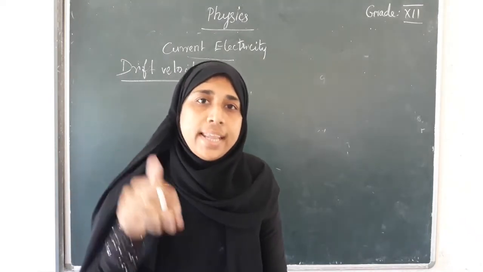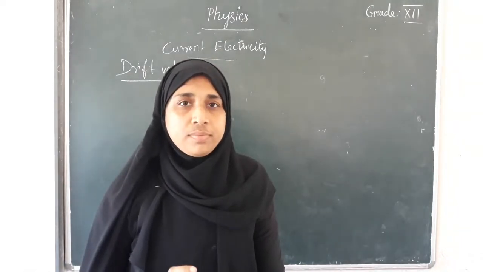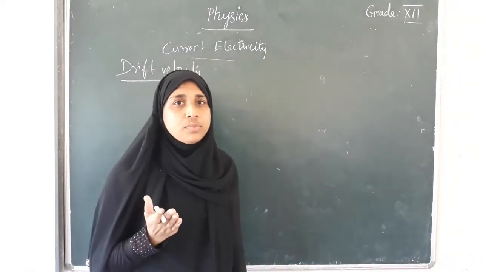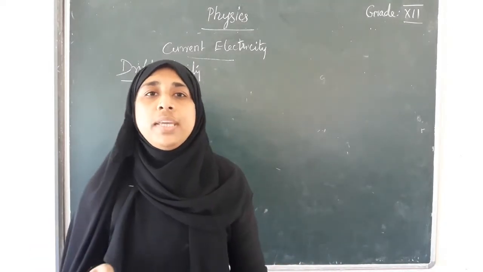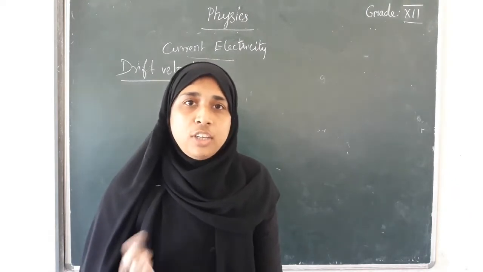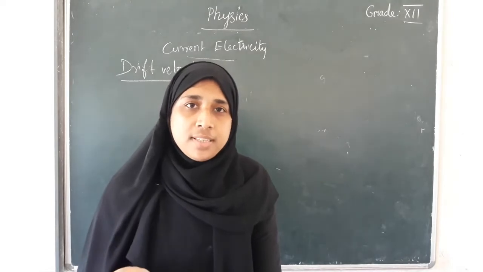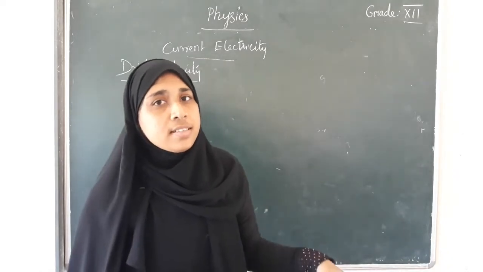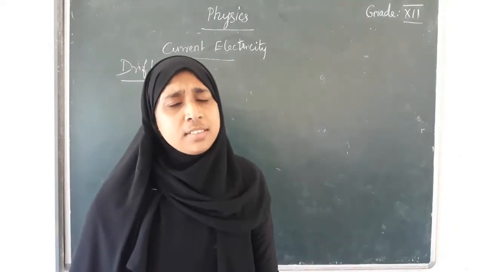If you apply the electric field, the charges will be aligned in one direction. Obviously, in the classroom, when there is no teacher, you all will be in random positions. You will be talking and you will be changing your places. When the teacher enters the class, you all will be aligning in particular places.